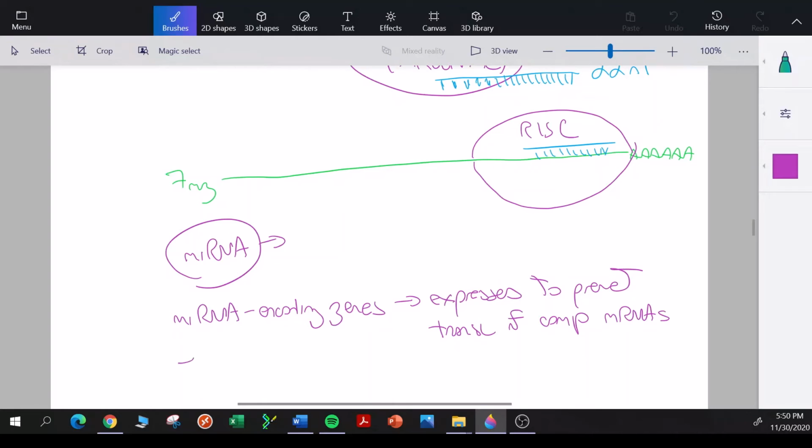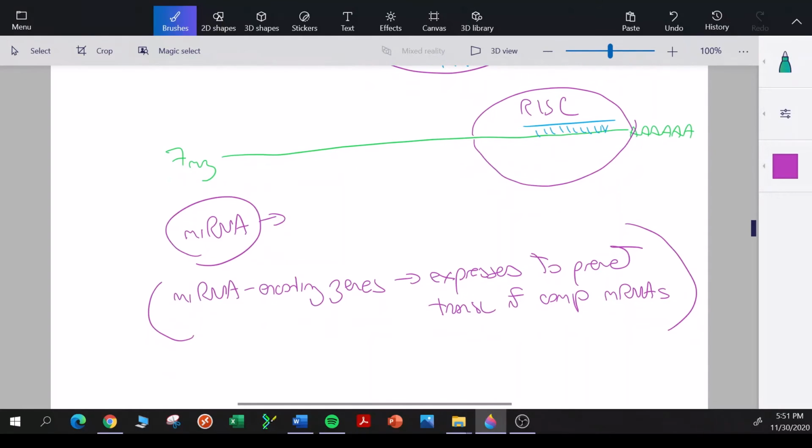So it's another way for the cell to control which messenger RNAs are translated into proteins. So it's another method of gene regulation. In addition to controlling if a gene is transcribed into a messenger RNA, once that messenger RNA is in the cell, microRNAs can be used to determine if that messenger RNA can be translated.